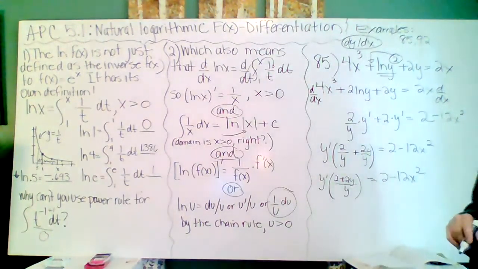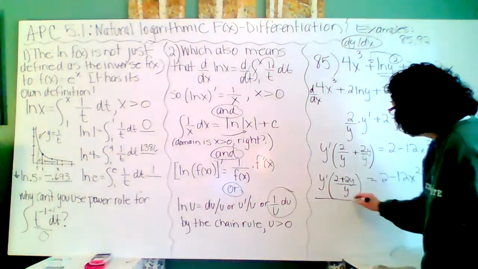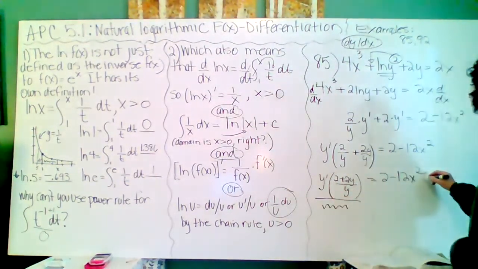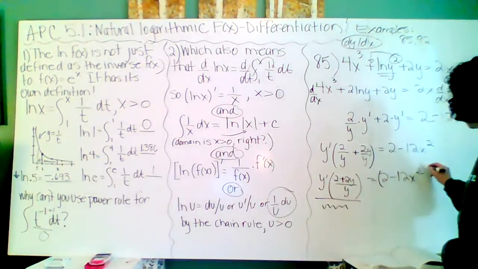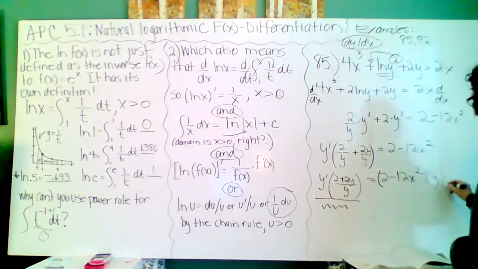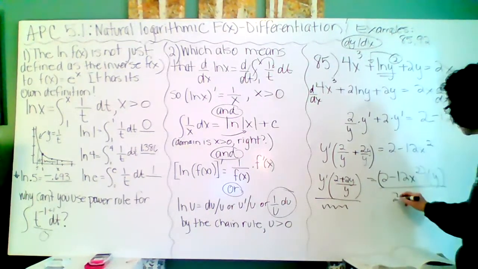And when I divide here, it will be the same as multiplying by the reciprocal, right? So the y will be on top over 2 plus 2y.